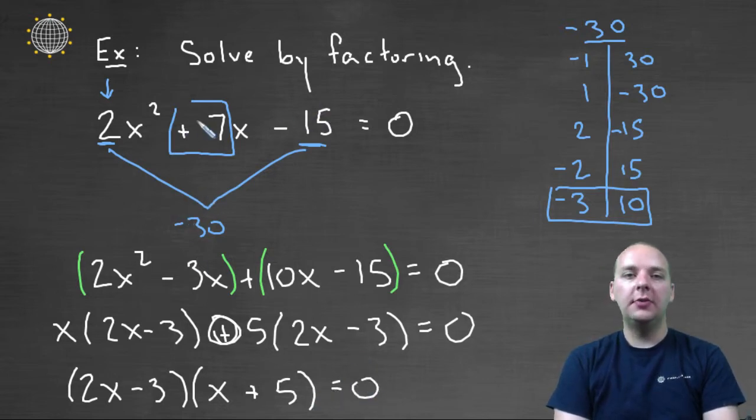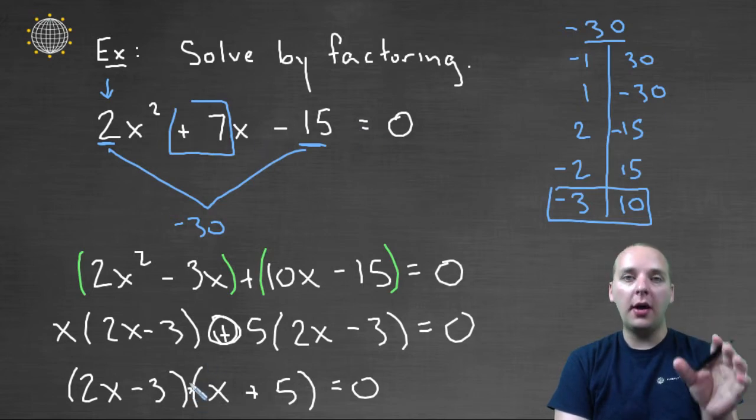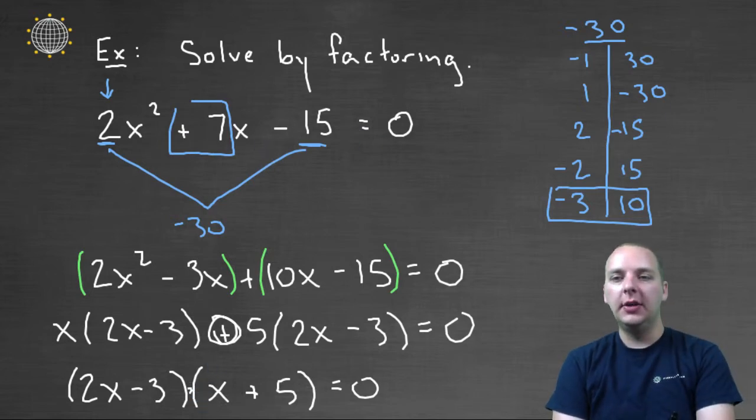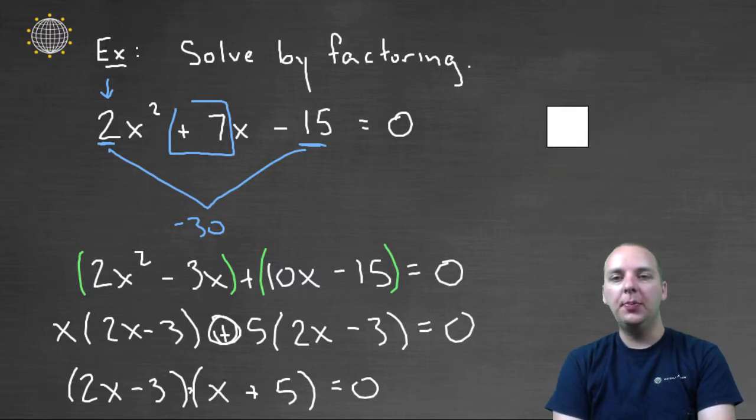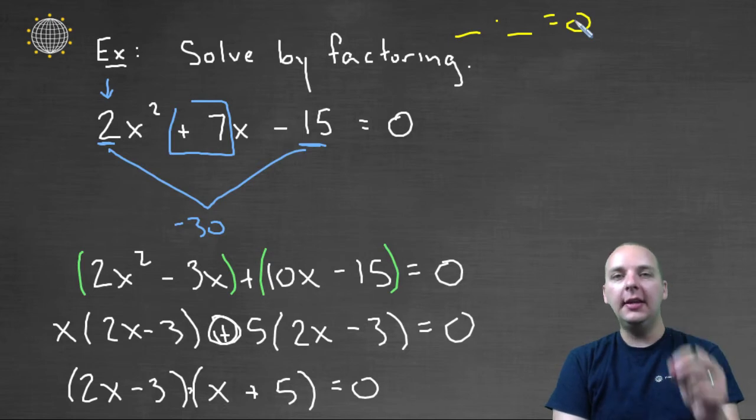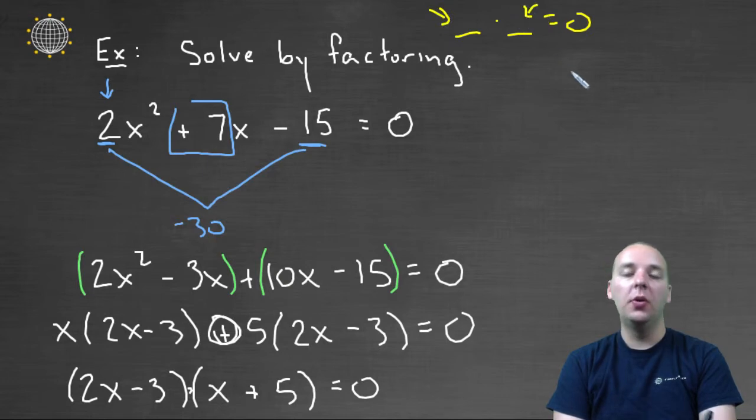And so what I've done is I've taken my quadratic equation and written it as a product equal to 0. And so here's where the 0 property comes in that you likely remember. The 0 property says that if you have a product that's equal to 0, like something times something equals 0, guaranteed the only way a product can be 0 is if either the first guy is equal to 0 or the second guy.